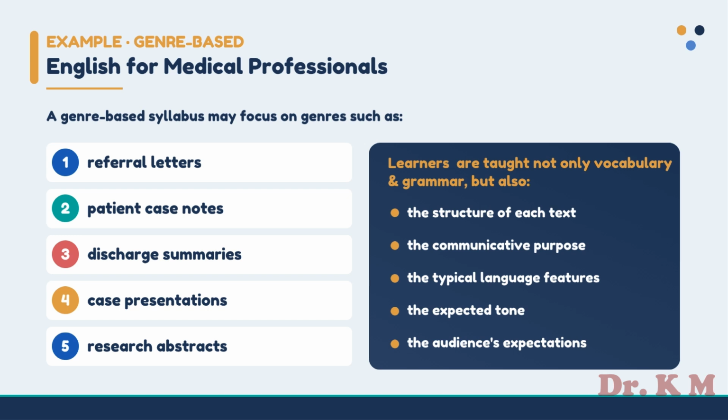Learners are taught not only vocabulary and grammar, but also the structure of each text, the communicative purpose, the typical language features, the expected tone, and the audience's expectations. This is especially useful when learners need to produce formal professional or academic texts.